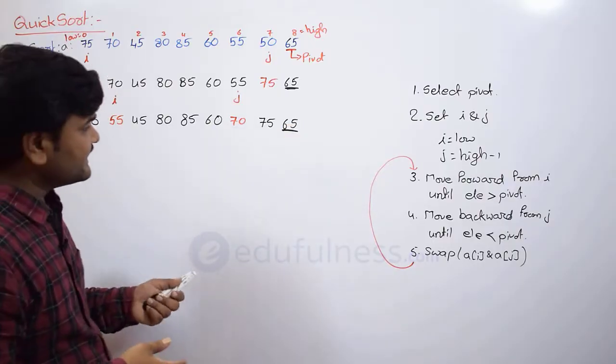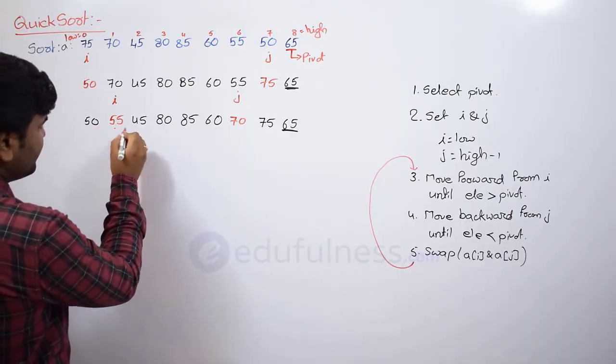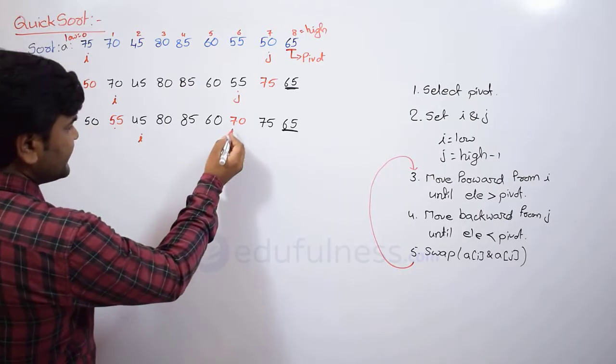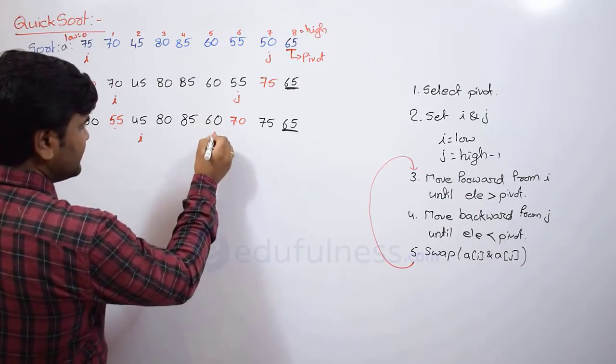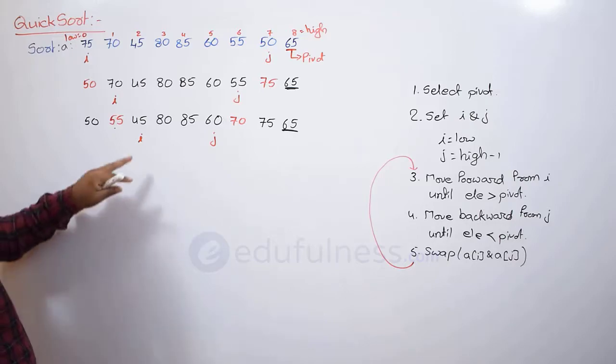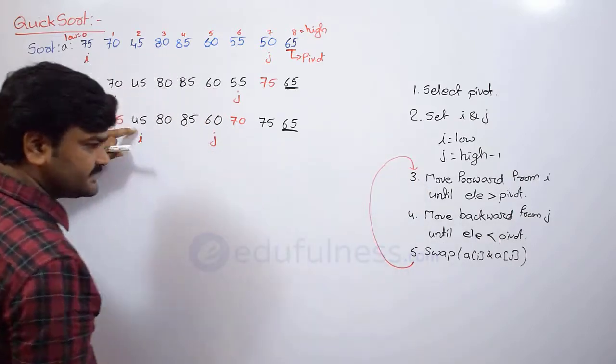Now what are I and j? I is moving to the next step, j is coming to the previous element. Now same thing, after swapping again go to the third step.